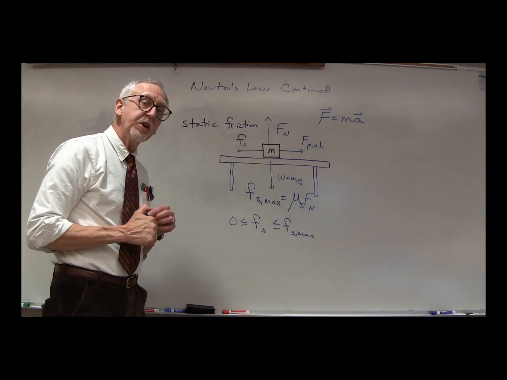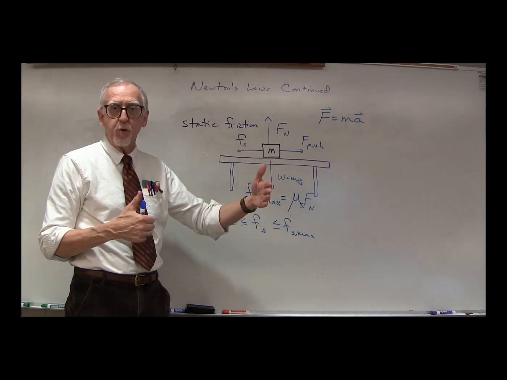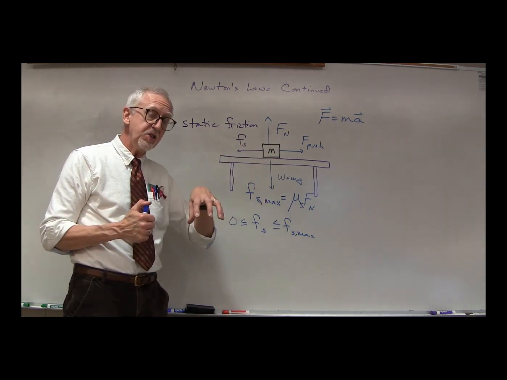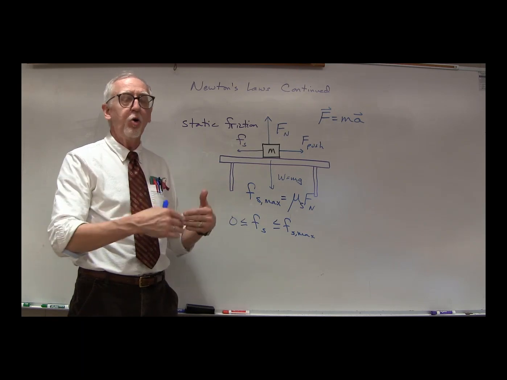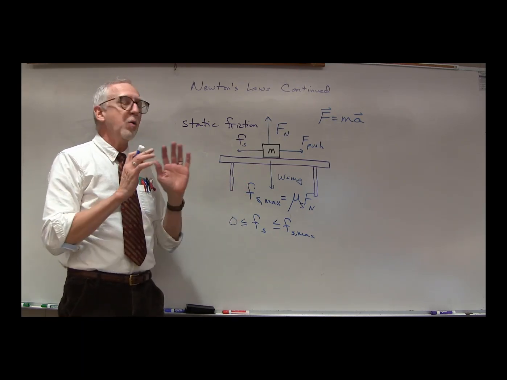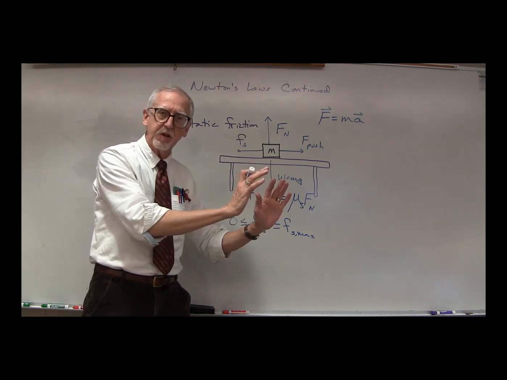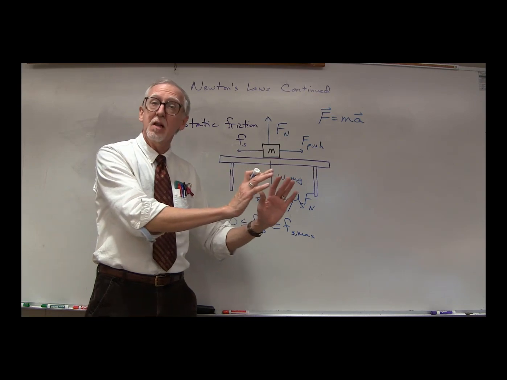So the static frictional force will increase to balance whatever other forces are acting on the object to keep it stationary up to a point. It can only get up to a maximum value of Fs max, at which point whatever other forces there are, whatever pushing forces, overcome static friction, and the object starts to slide.